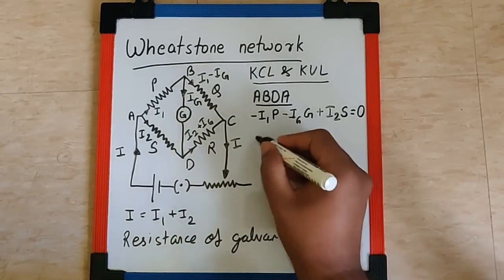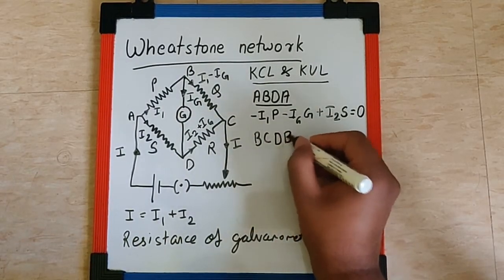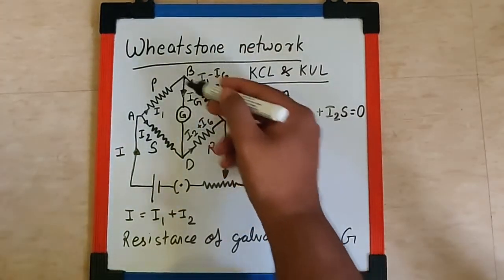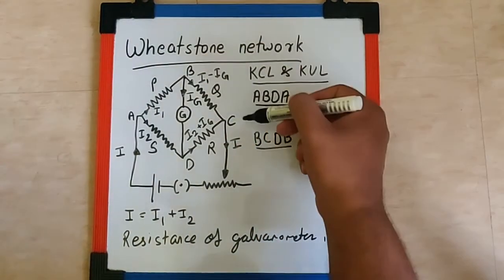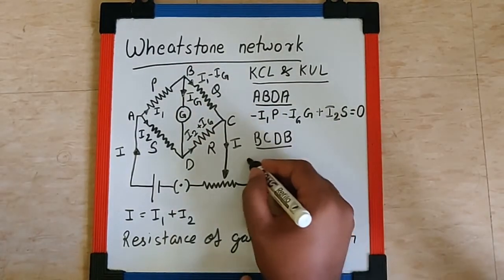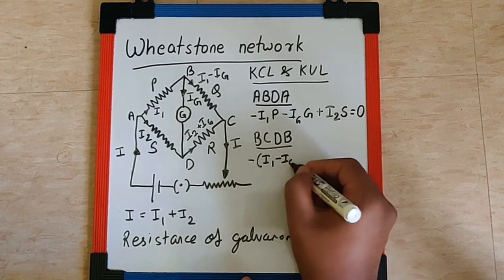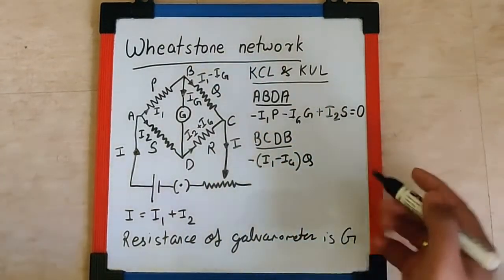Now let's try the loop B, C, D, B. While going from B to C, we are going in the direction of current, so it will be negative I1 minus IG into Q. Q is the resistance of this branch.